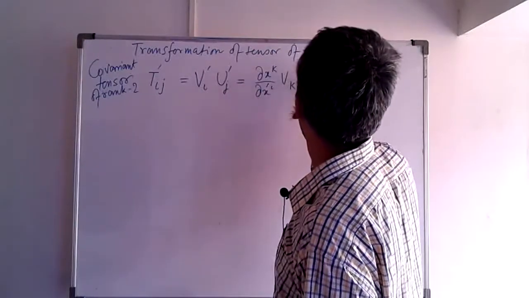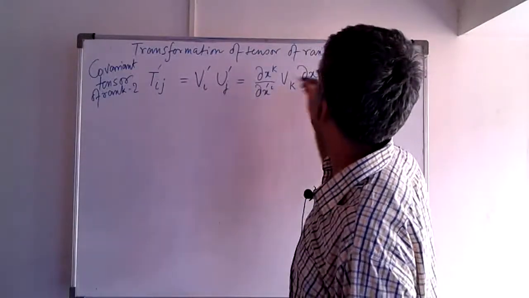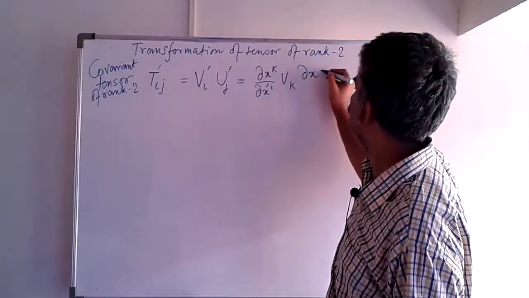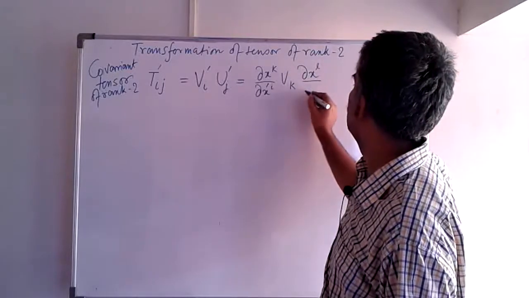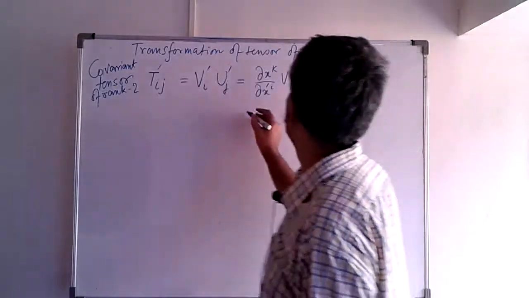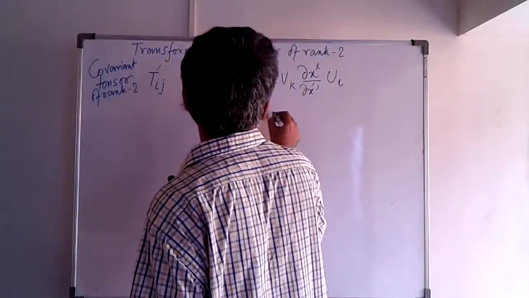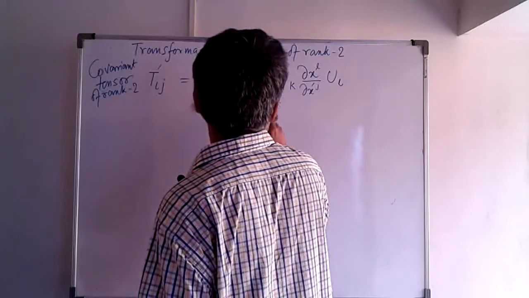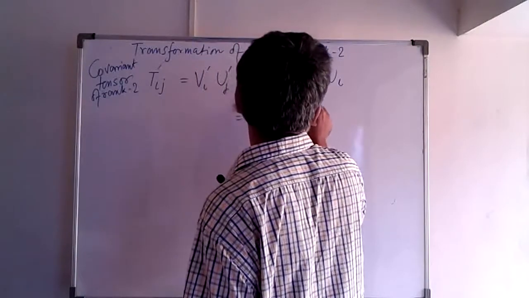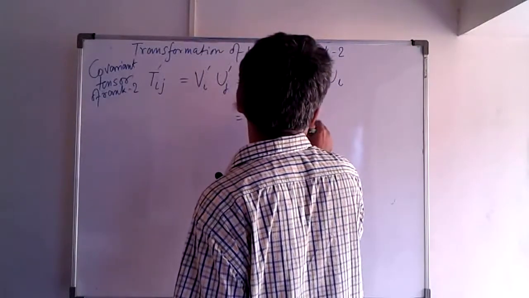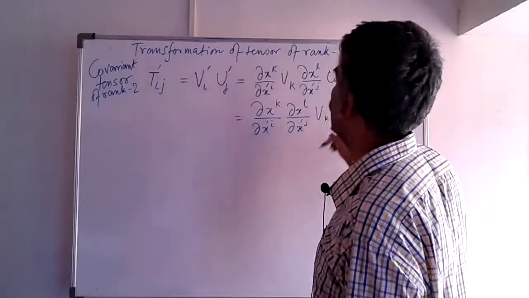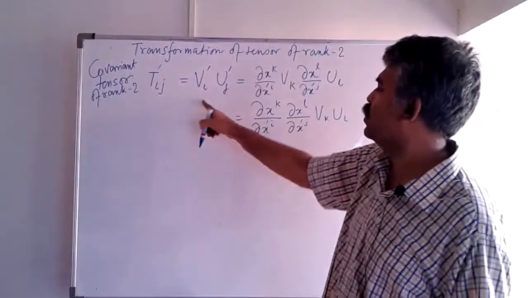Now U j will be del x l / del x prime j, U l. So del x k / del x prime i, del x l / del x prime j, V k U l.